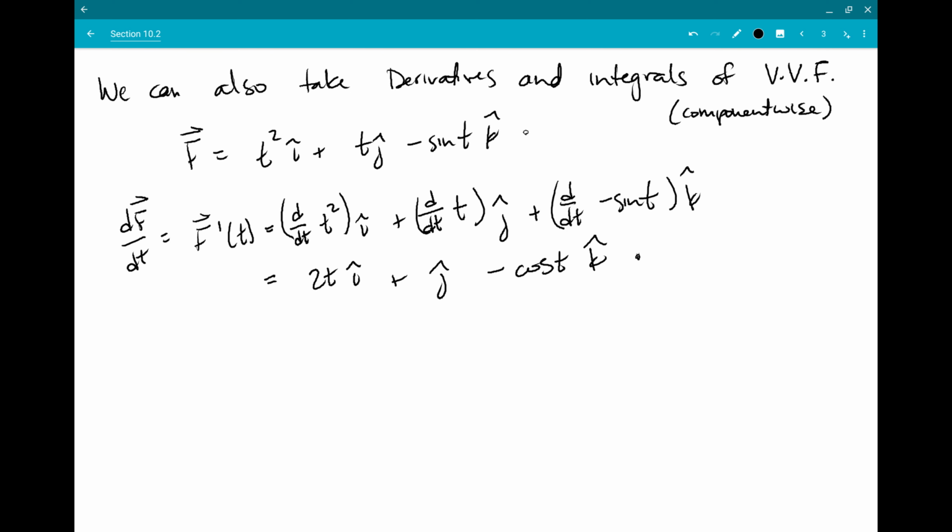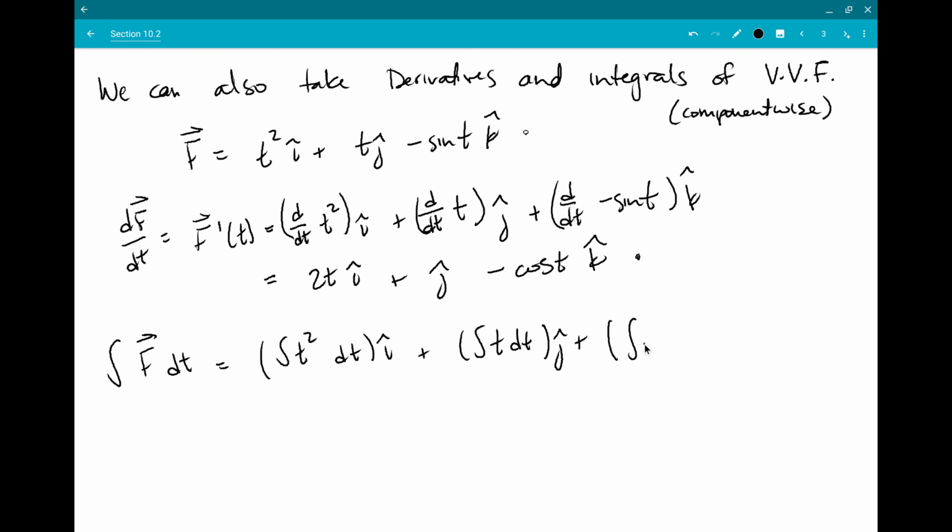And then let's go ahead and do an integral as well. So if we wanted to integrate f with respect to t, then we would again integrate component-wise. We would say the integral of t squared dt i hat plus the integral of t dt j hat plus the integral of minus sine t dt k hat.